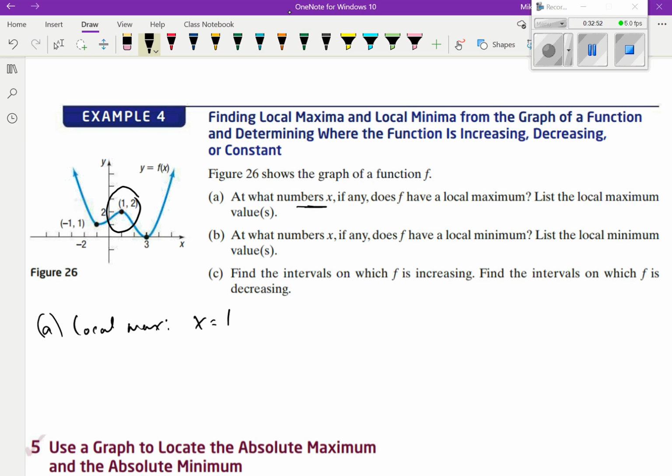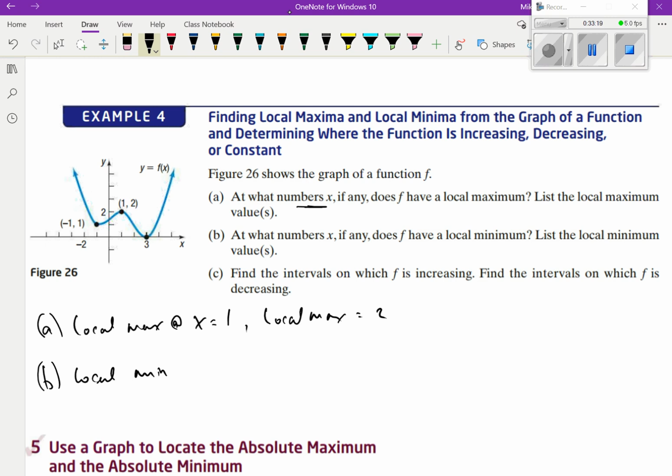So the local max occurs when x equals 1, and the local max, however, is 2. We've got a little different notation here. We might say local max at x equals 1, and the local max is 2. And that's the only spot where we go up and then come back down, so that's going to be our only local max.